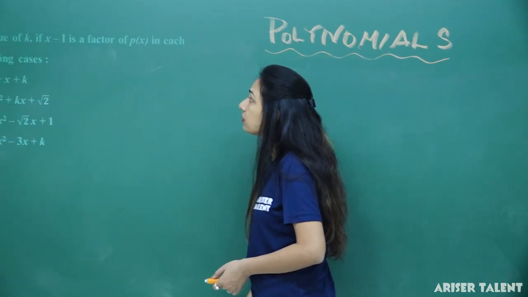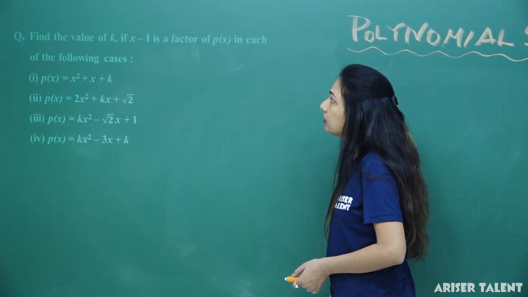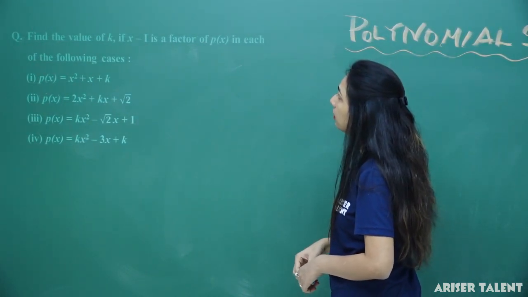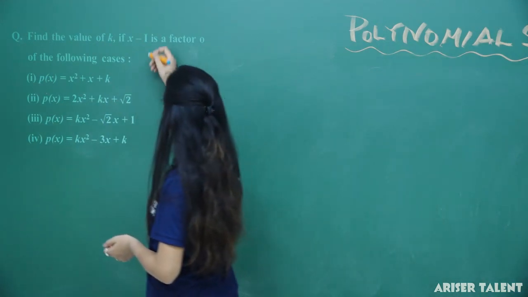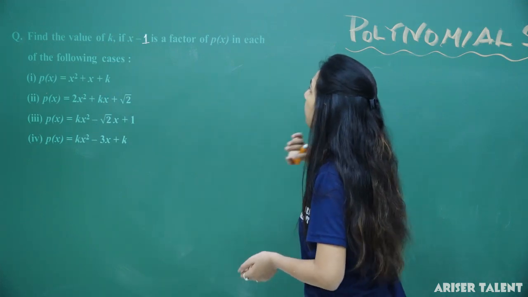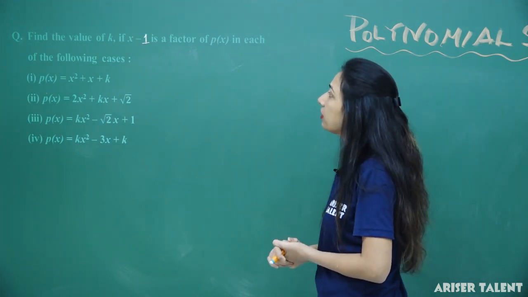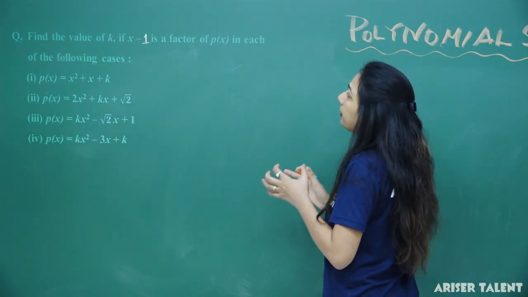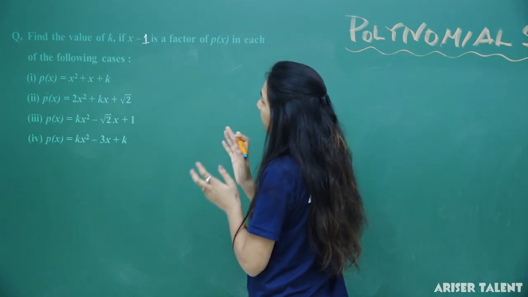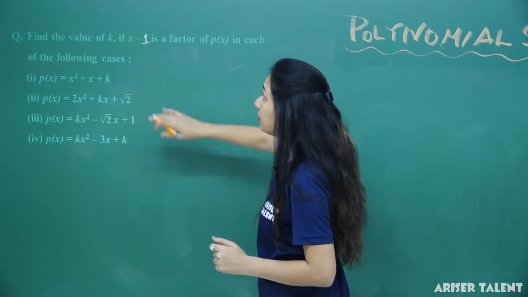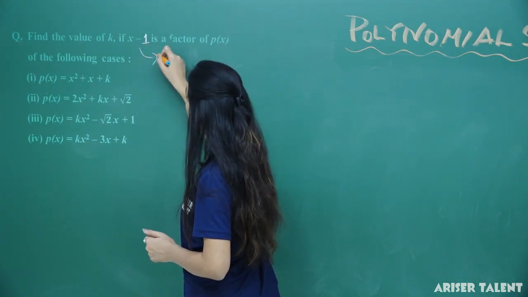Now, is this okay? Find the value of k if x minus 1, this is x minus 1, is a factor of p(x) in each of the following cases. You have to tell what is the value of k if x minus 1 is a factor of p(x) in each of the following cases. That means this is g(x) given.